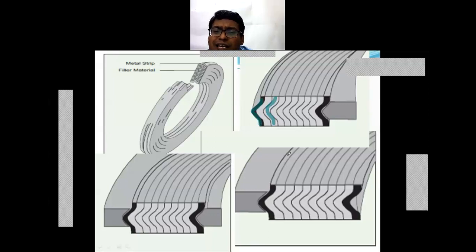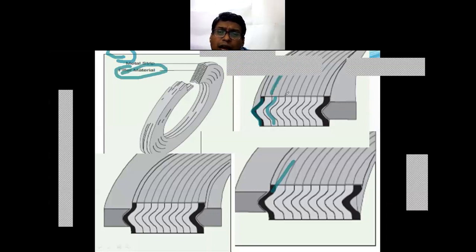So it can have different permutations and combinations of the metal strip and the filler material. This is the stainless steel metal strip, and the filler material is in between the stainless steel.